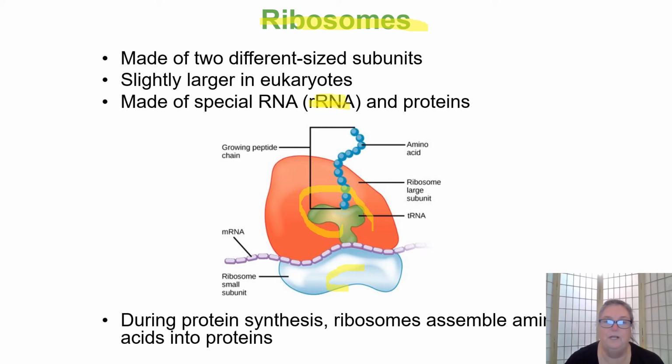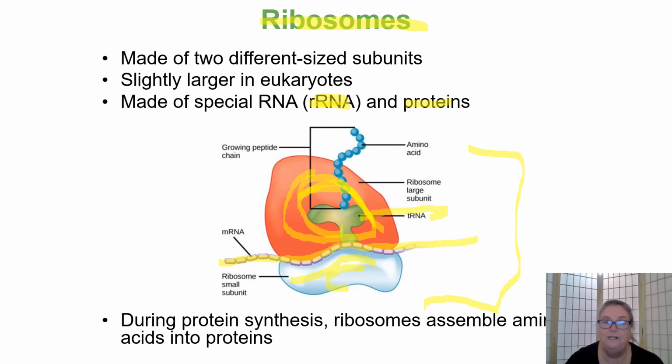We have several types of RNA, and we keep finding more, right? So rRNA is the RNA that is inside the ribosome. We've also got proteins in it. This is showing us a ribosome that is busy making a protein. Right? So there's our small subunit. Here's our large subunit. This is our messenger RNA carrying the instructions for the protein.